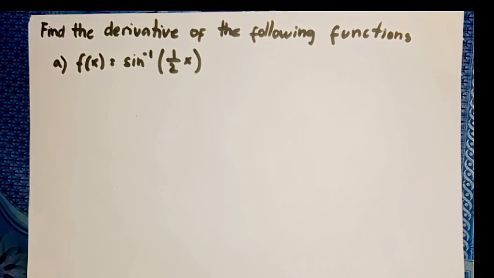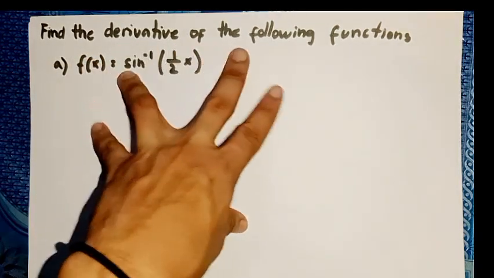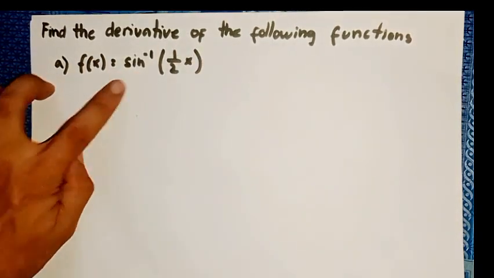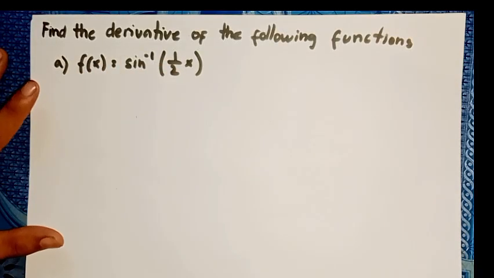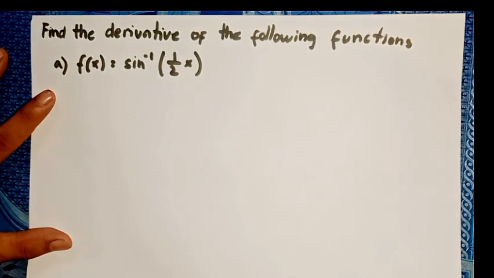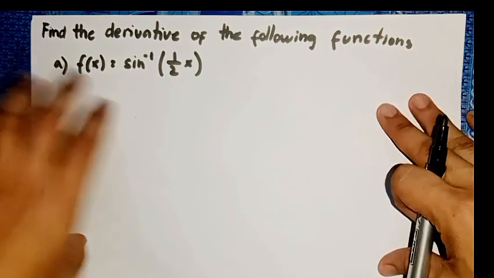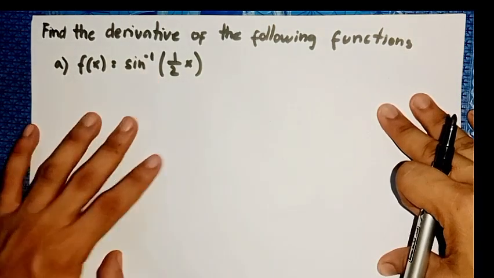In item number 1, find the derivative of the following functions. f(x) is equal to sine inverse of 1 half x. This problem involves the derivative of an inverse trigonometric function. As you notice, it is sine inverse.